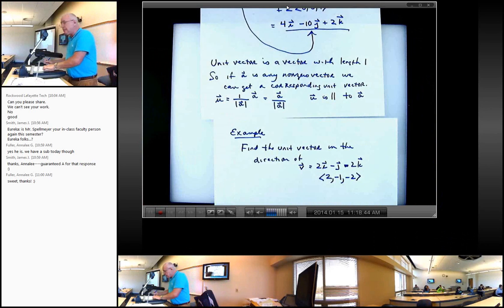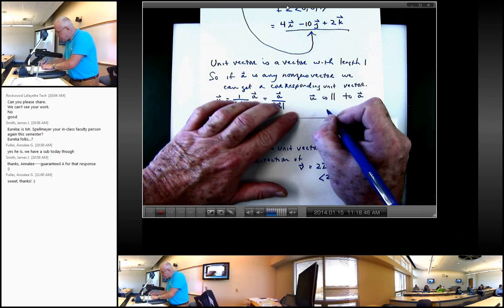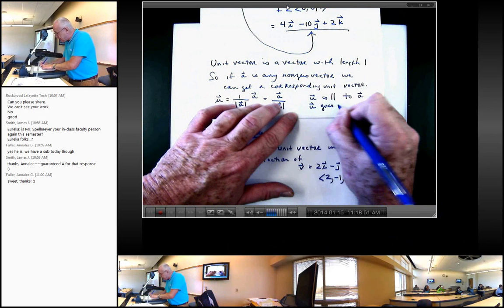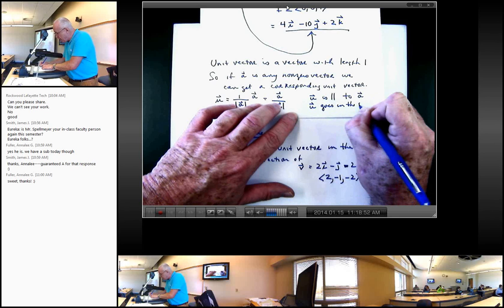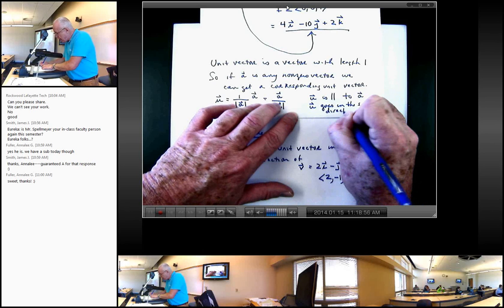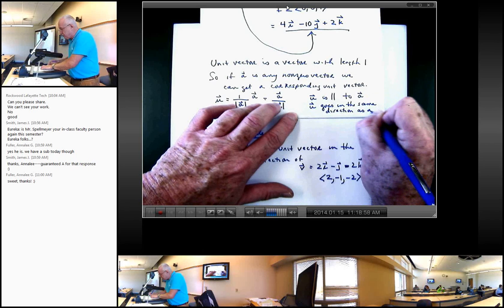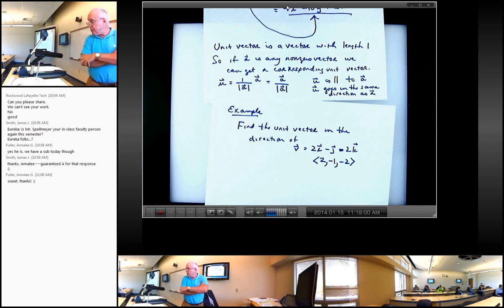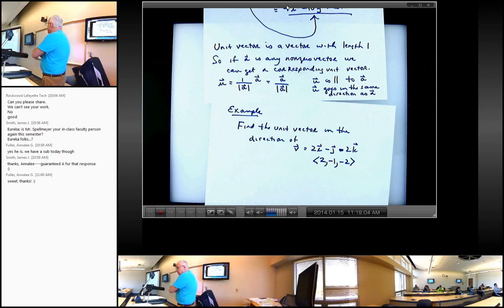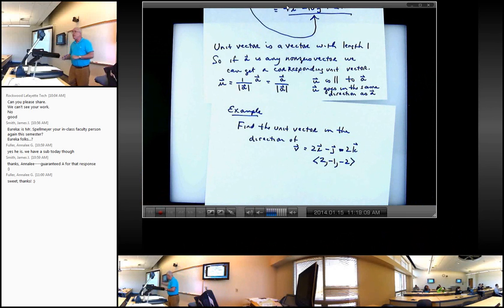And since this is a positive number, it goes in the same direction. The unit vector goes in the same direction as the original vector, all right? So in this example here, we're talking about a unit vector in the same direction as this vector. We just have to multiply this vector by a certain number to make it into a unit vector.